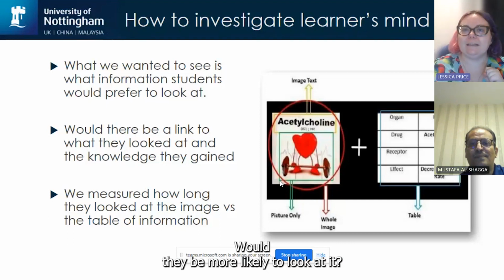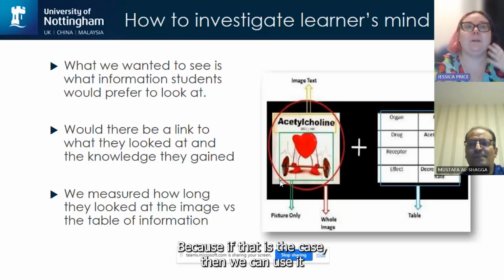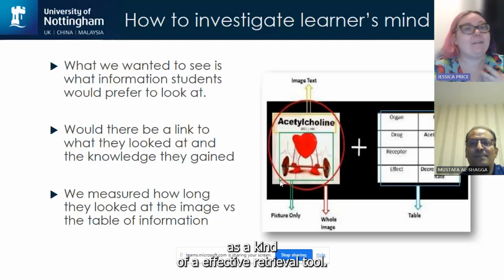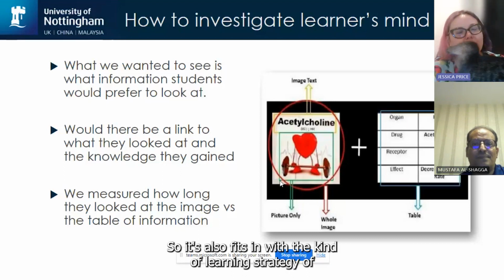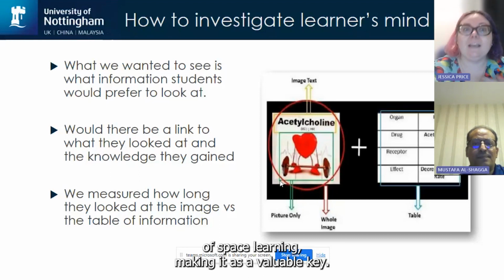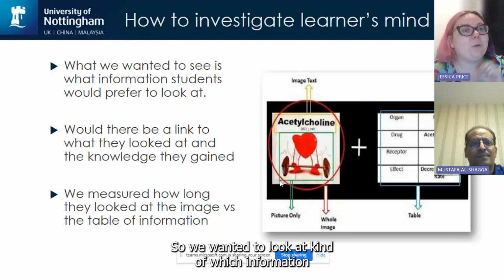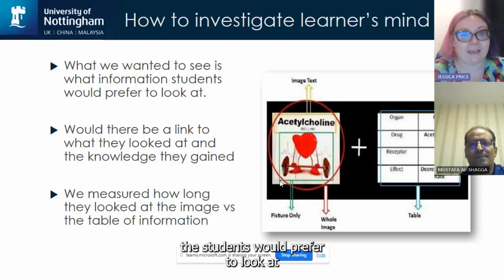Would they be more likely to look at it? Because if that is the case, then we can use it as an effective retrieval tool. It also fits with the learning strategy of spaced learning, making it an available cue. So we wanted to look at which information the students would prefer to look at.